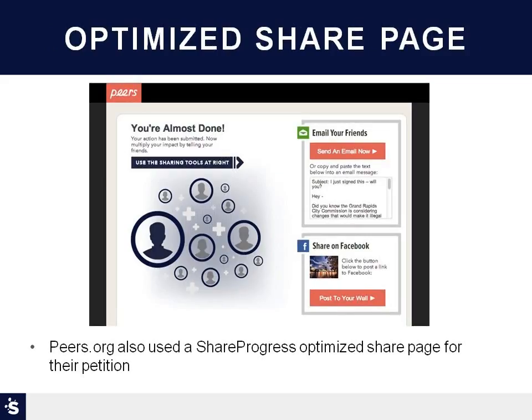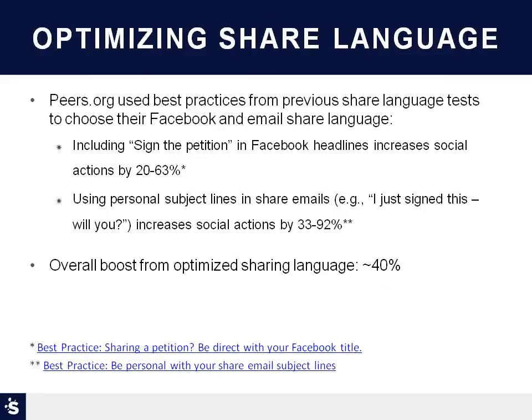They also used our share progress pages in order to increase how many people went on to tell their friends after they signed. And then they also made a point of trying to use optimized share language, so make sure what they were sharing used language that got people more interested in coming back and visiting their site.